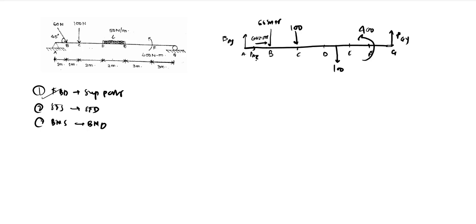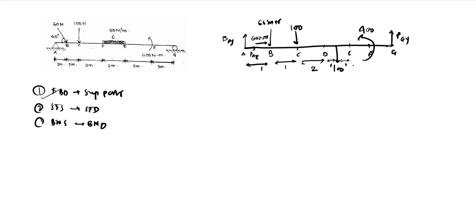Let us just mention the distances also. We have A to B as 1, B to C as 1, C to D is 2. D to E is 2, but you can just say it is at 1 and 1 because of the UDL conversion into a point load.